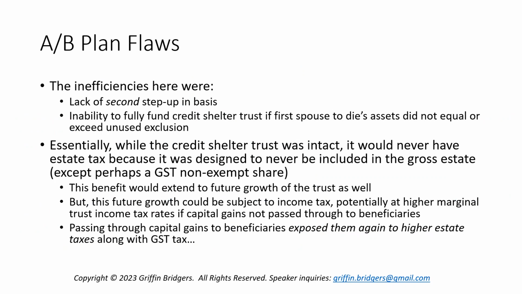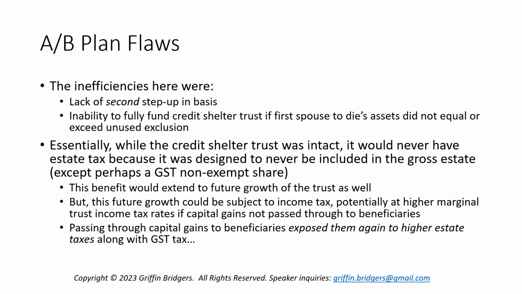So while the credit shelter trust had some benefits and was intact, it could grow free of estate tax because it was designed to never be included in the gross estate, except perhaps a GST non-exempt share if one existed. Now, that benefit of future growth would have extended to potentially capital gains within the trust as well, as long as they're not recognized.